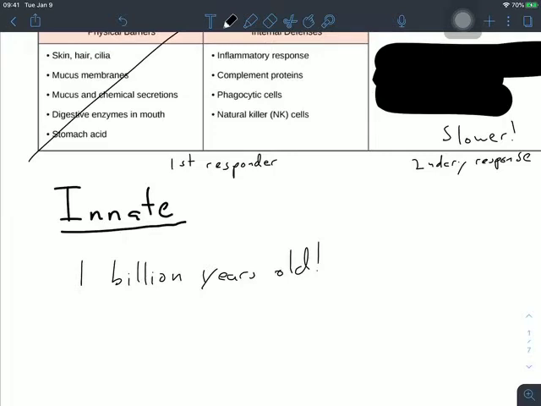The downside to this really old internal defense system is that it is very limited in its number of targets. Meaning that it's not very specific, it's very general.